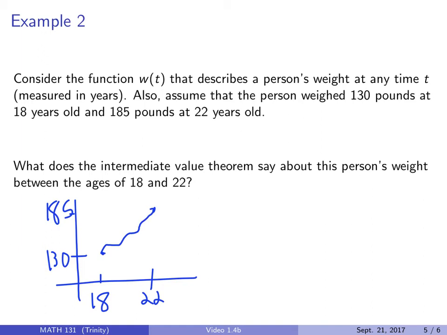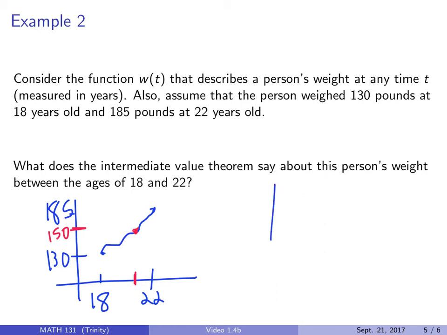What the intermediate value theorem says is that any weight between 130 and 185 pounds, at some point in time you weighed that much. So if I look at 150 pounds, there's some point in time where you weighed exactly 150 pounds. Or I could do this for 180 or 131, or any value of weight between 130 and 185 pounds, at some point you weighed that much.